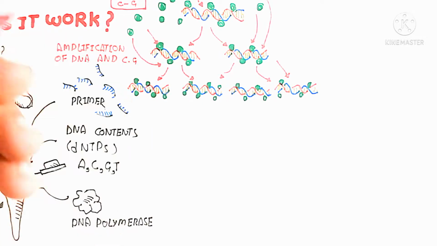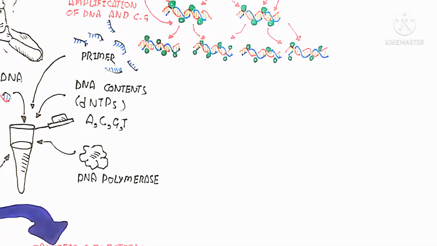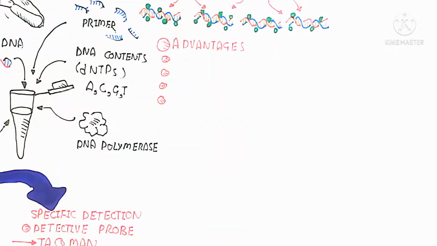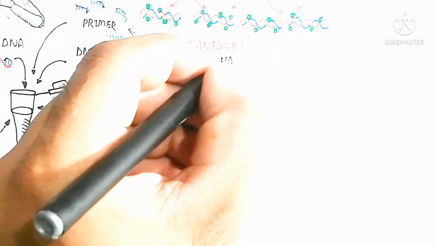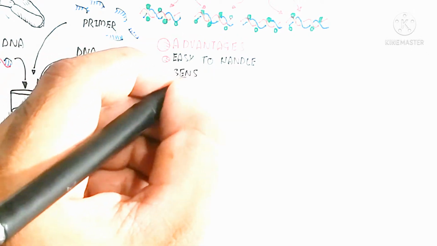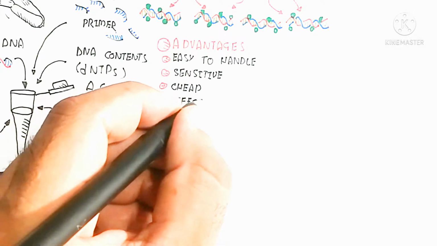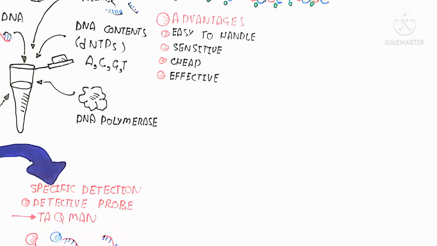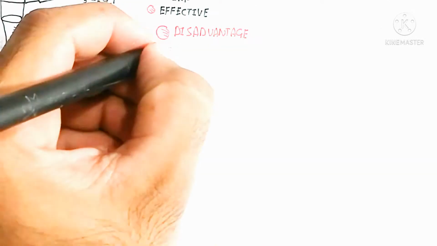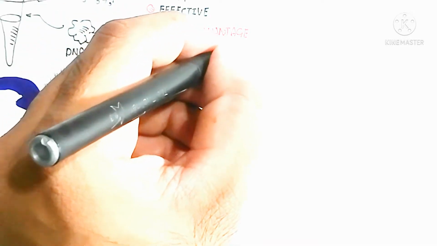It means the DNA content will be more, so the minor groove sites will be increased, the binding will be increased, and color production will be increased with each cycle. So the color amplifies along with the amplification of DNA segments.